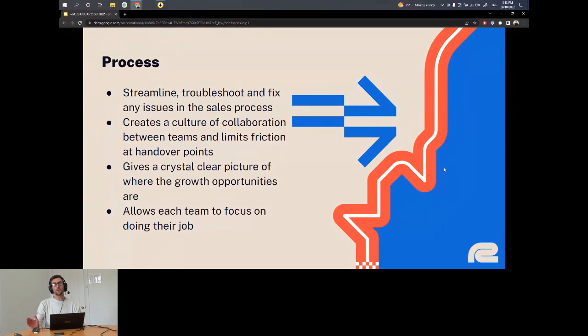For example, when your marketing team hands an MQL to the sales team, all the information that the sales team needs to follow the lead up and close the deal as easily as possible should be clear to them without needing a lot of back and forth between both teams, or worse, having to ask the customer for that information again.